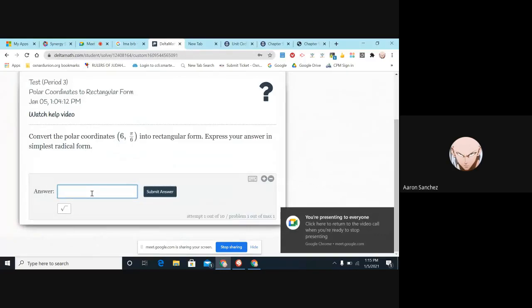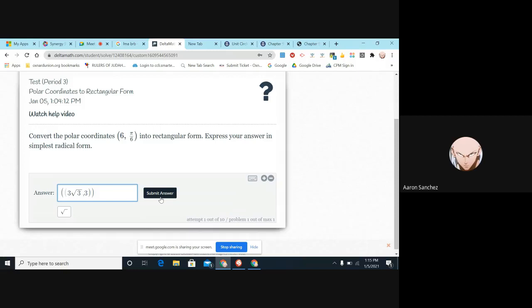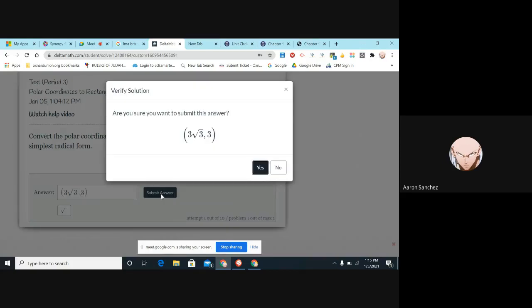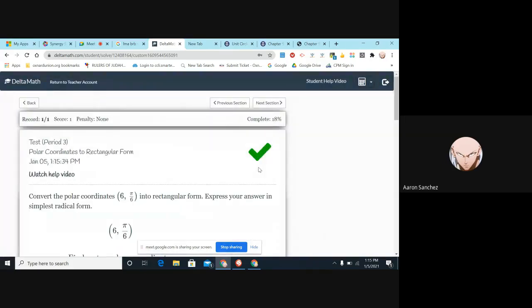Let me know if I'm going too fast. So we have 3 square root 3. Make sure you put the parentheses there. Comma 3, close parentheses. Let's get rid of one of those parentheses. I think that's good. Let's see what happens. Check mark.